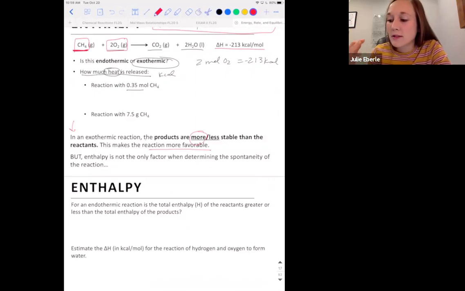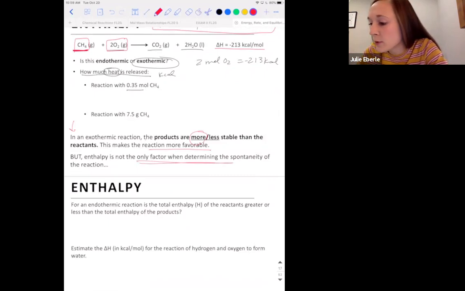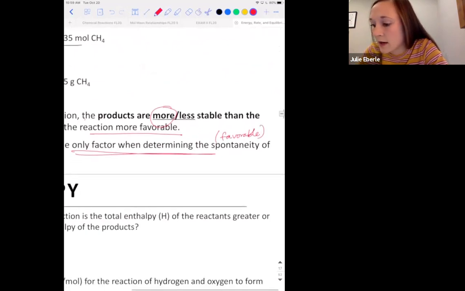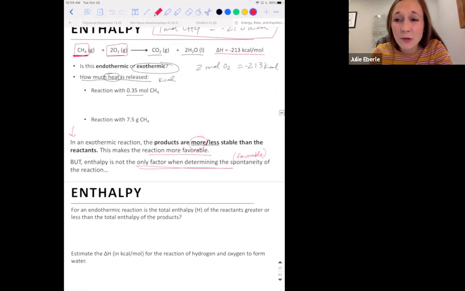It's not the only factor when determining if something is spontaneous, or remember another word for spontaneity is favorable, or not, okay? And remember, we're talking about this to ask, how do we know if a reaction will occur or not? Our bodies have to make millions of these decisions all at once, okay? What reactions are favorable? Our bodies are not going to do things that are not favorable.